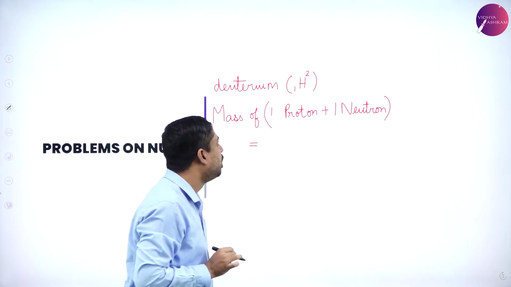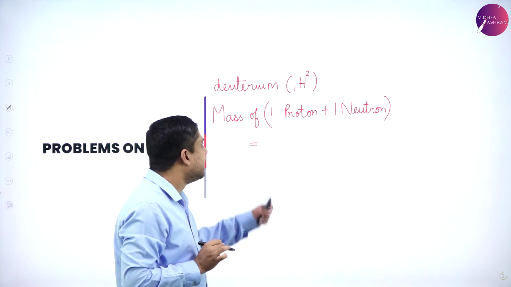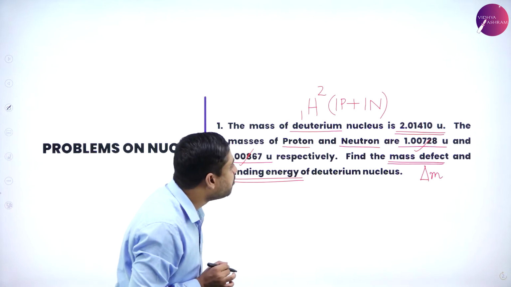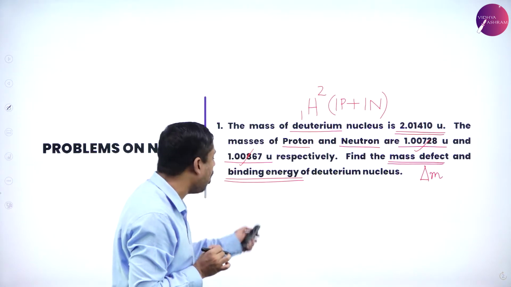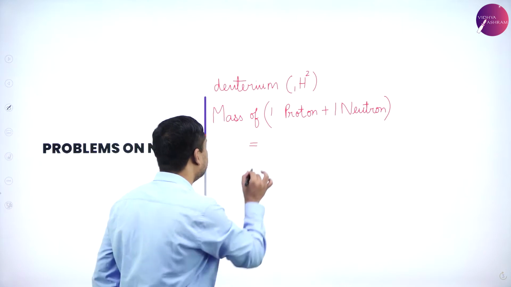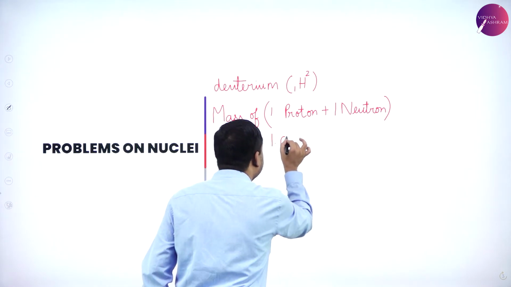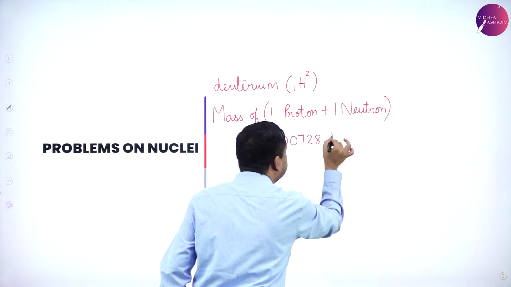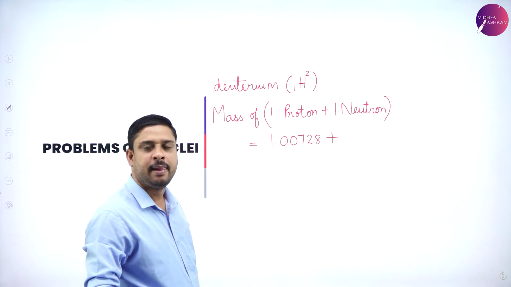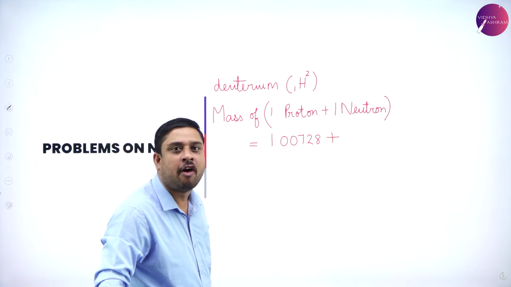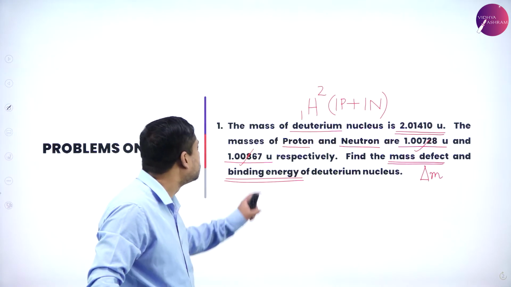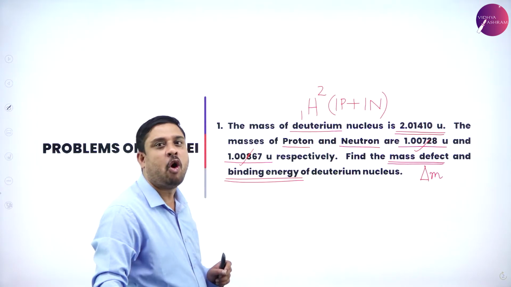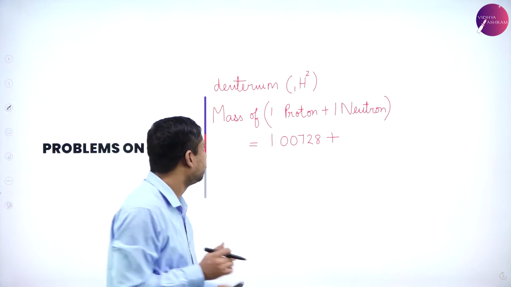So this is equal to, what was the mass of the proton given to be? 1.00728 plus, what is the mass of neutron given to be? 1.00867.